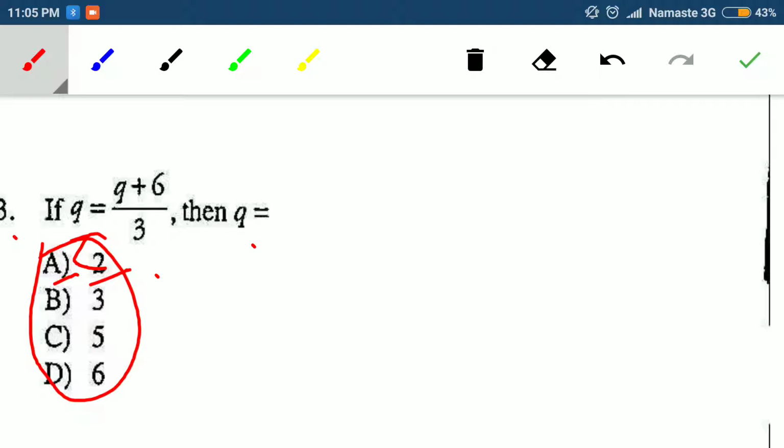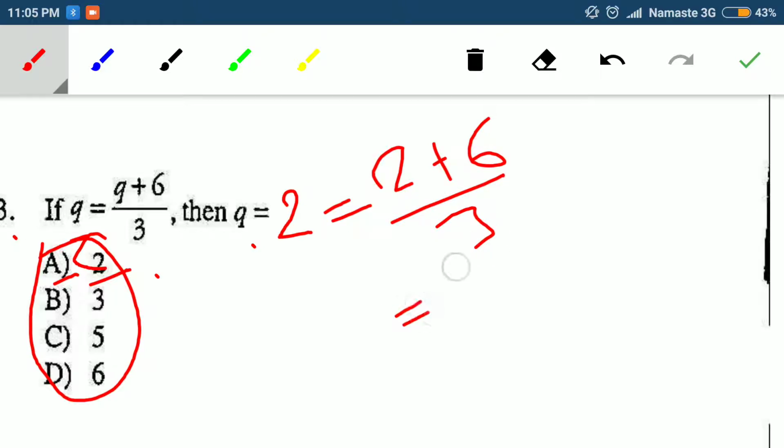If q equals 2, then the LHS must be equal to the RHS. The LHS is q, that is 2, and the RHS is 2 plus 6 by 3, which equals 8 by 3. The LHS doesn't equal the RHS, so this option is rejected.